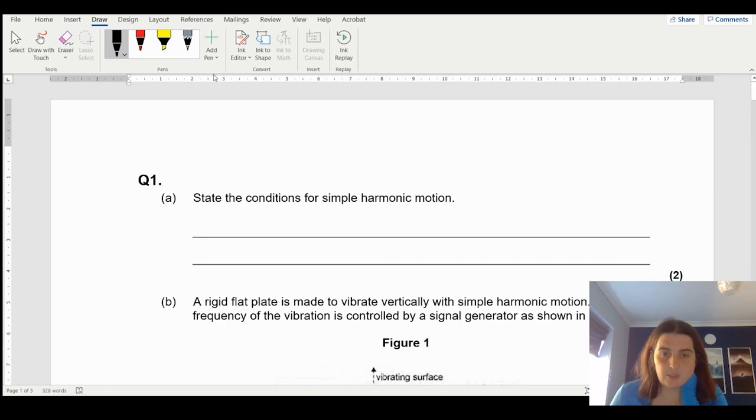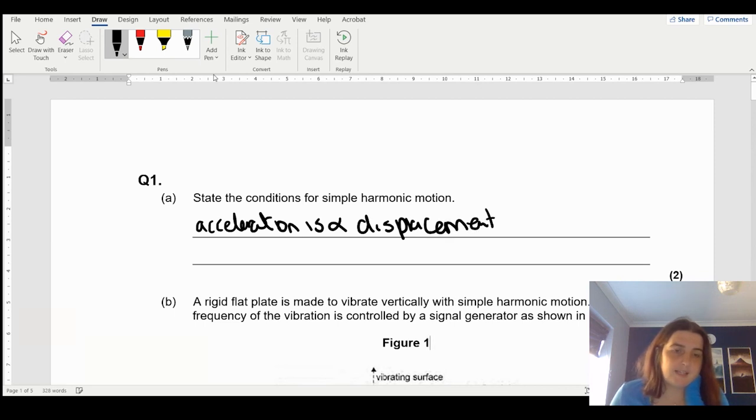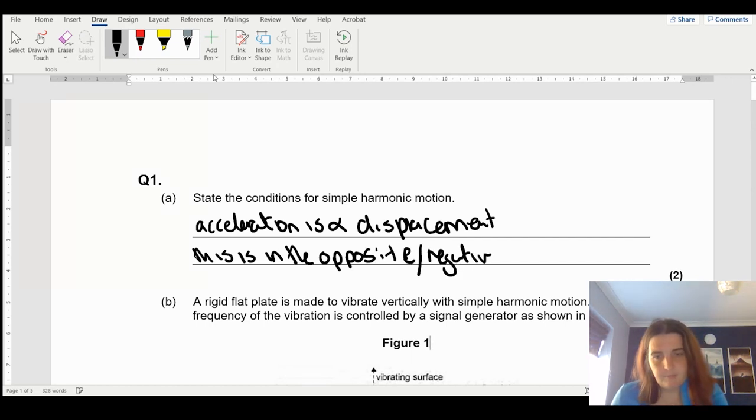So the conditions for simple harmonic motion are that, of course, acceleration is proportional to displacement, and that this is in the opposite or negative direction. So in other words, a is proportional to minus x there.